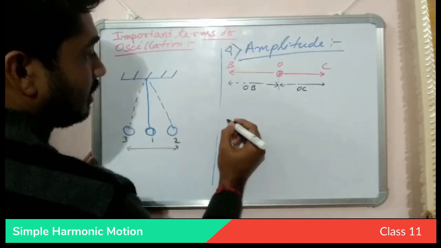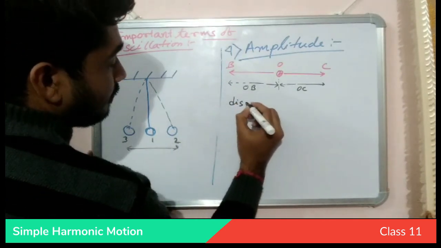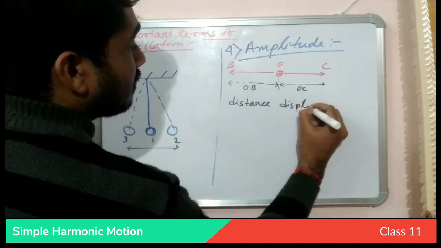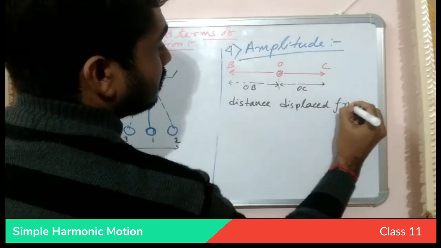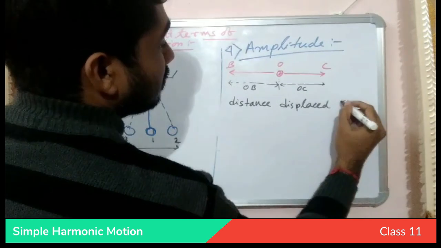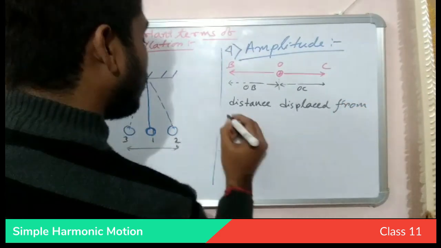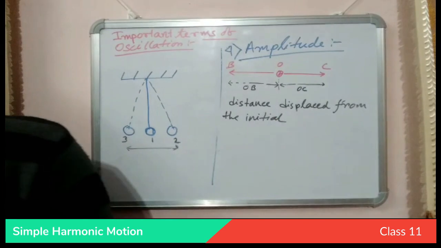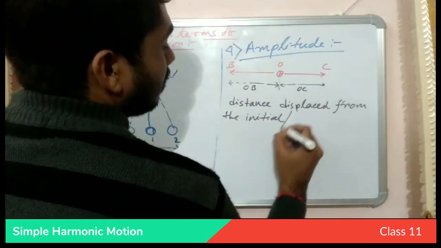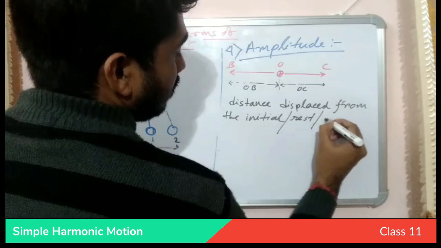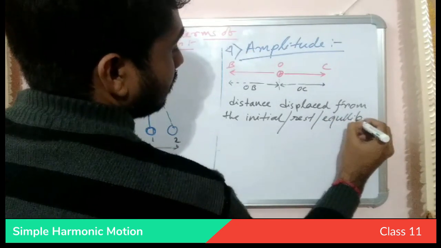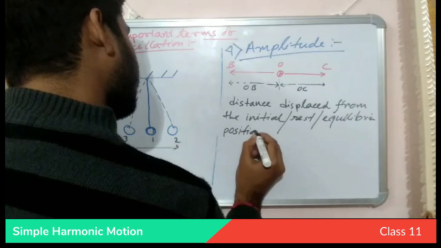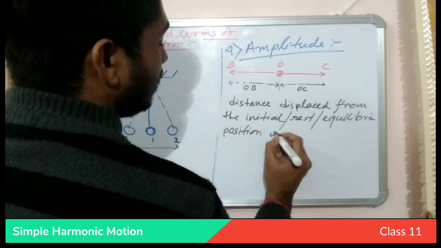So the distance displaced from the initial or rest or equilibrium position is amplitude.